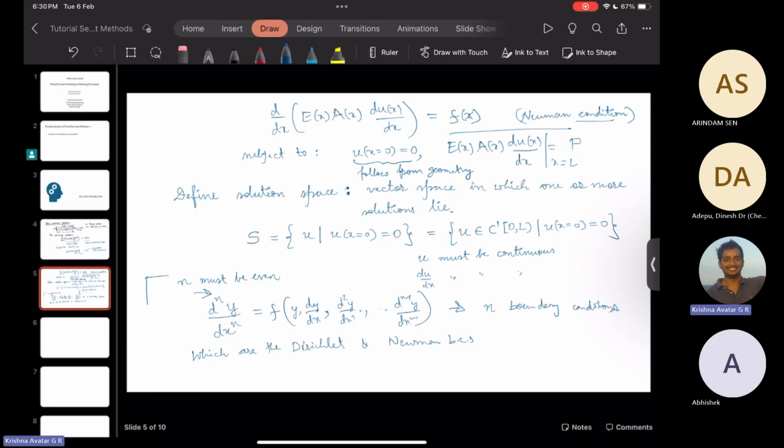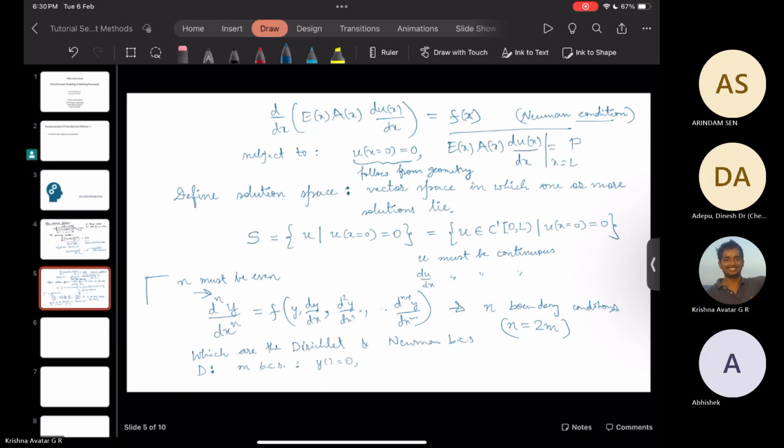So we could also frame this as n equal to 2m, since n happens to be an even number, right? Now for Dirichlet, I'll just call it D, there are m boundary conditions, and they start as y at something is equal to something.